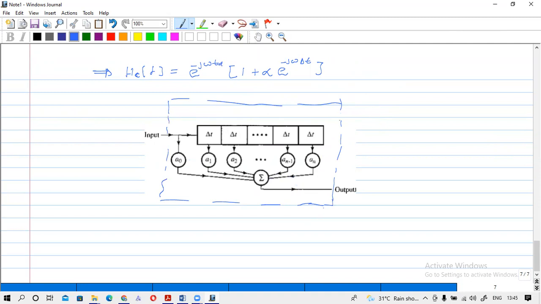So here you have the delay and weighting factors. These are weighting factors of filters. Actually, this is an FIR filter, a finite impulse response filter. So this is a filter.